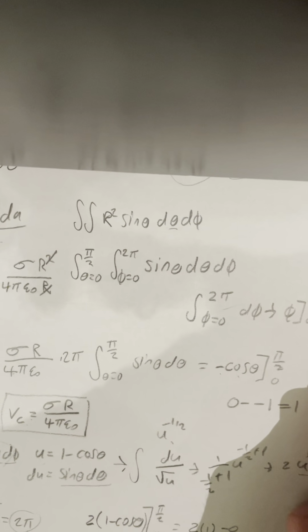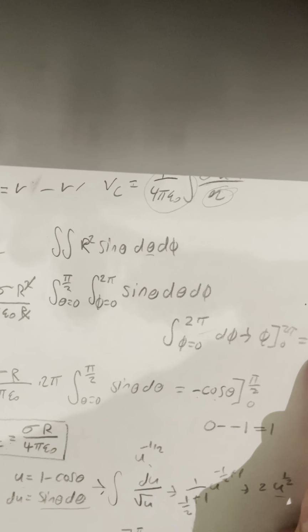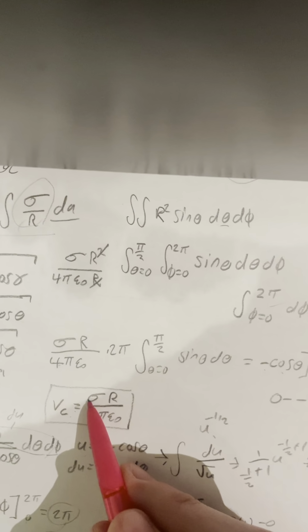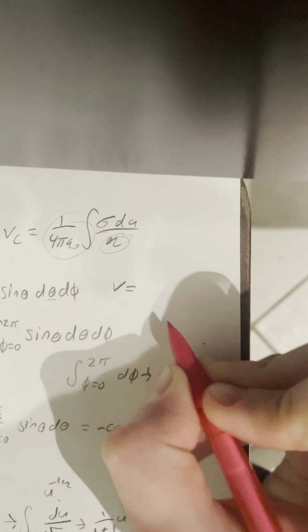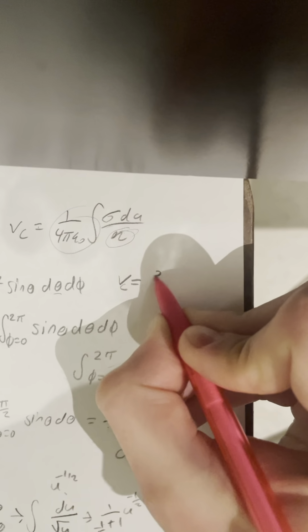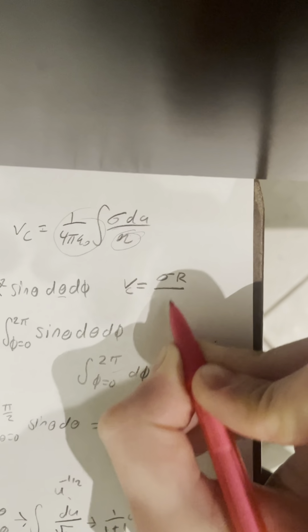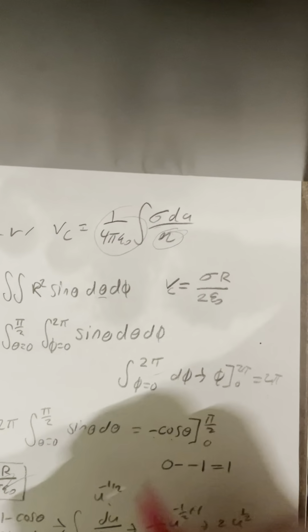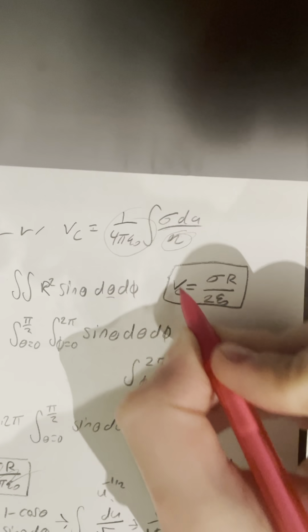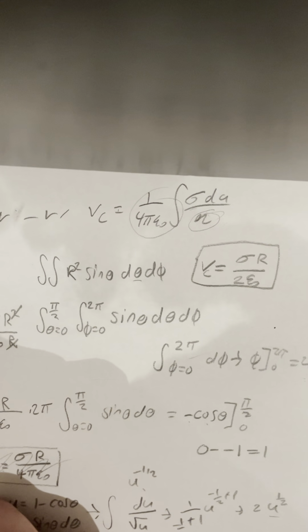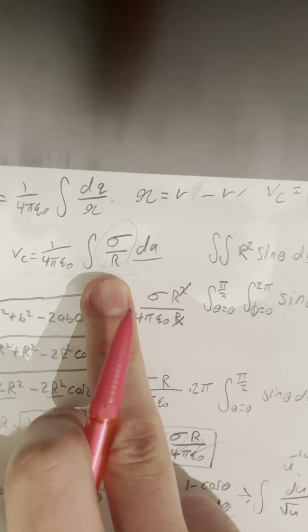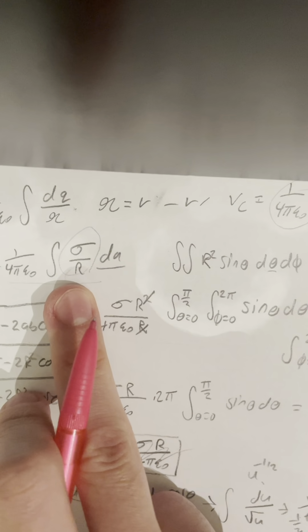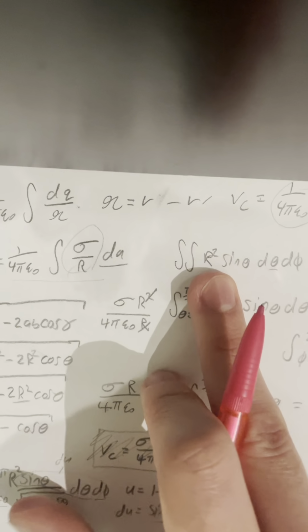Well, there's 2 pi right here. Actually, this isn't the electric potential. The electric potential should be the following. The electric potential at the center is sigma r over 2 epsilon naught. The reason for this is because we take out this term right here, and then when we're doing the integral, there's an r squared.